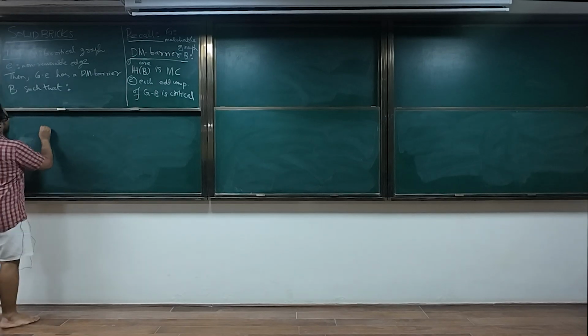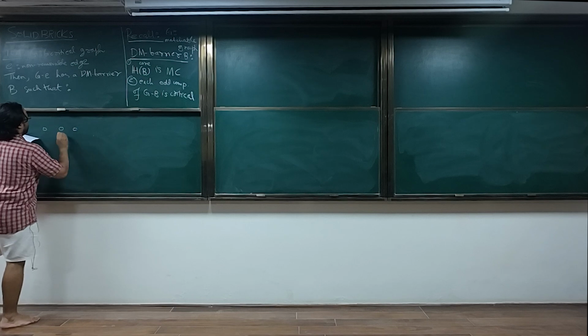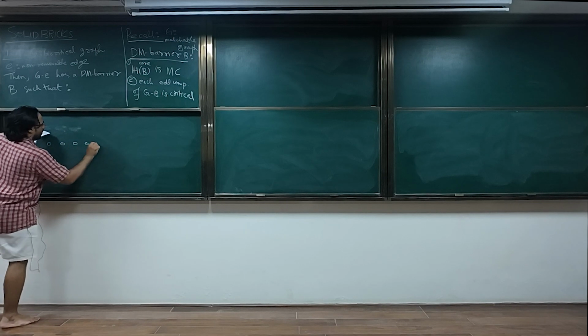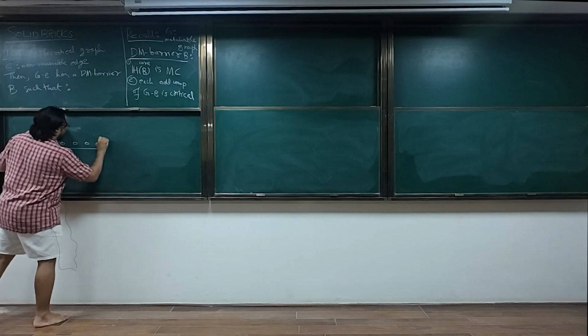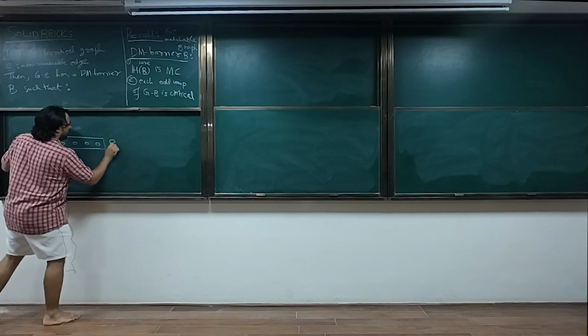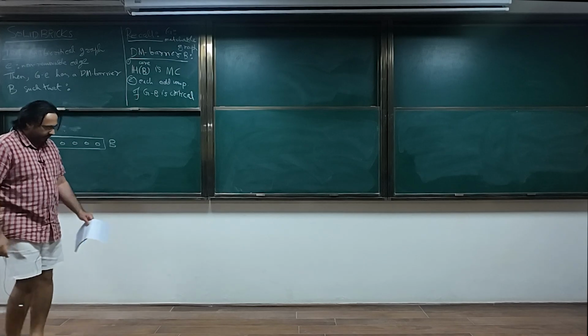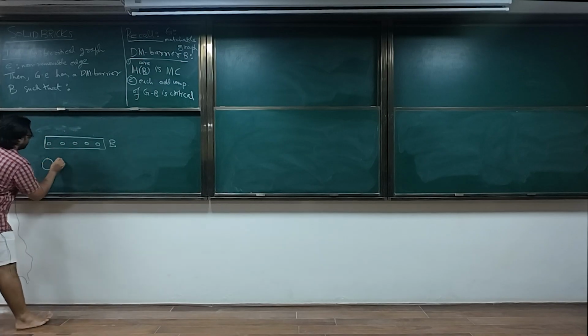So let's say this is my barrier B. This is my graph G minus E. So I have odd components.